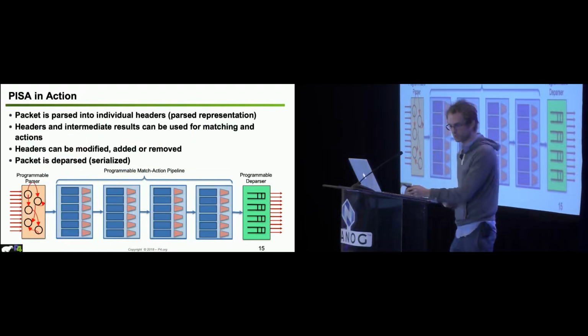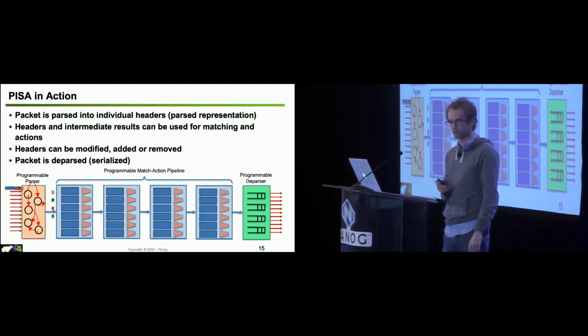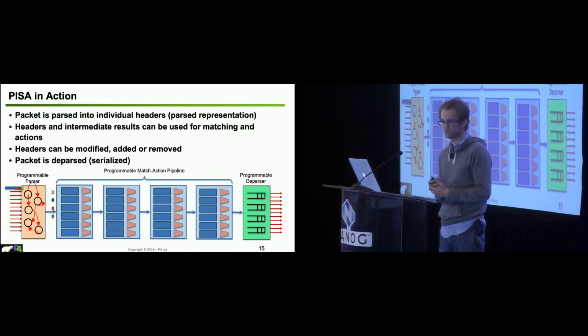So PISA in action, I hope the animation is going to work. Yeah, so the first step is the packet is received on the wire. It's parsed into individual headers according to the parser state machines that you've defined in your P4 program. Those different headers can go through multiple stages of match action. And so what you end up with at the end is a set of modified headers.